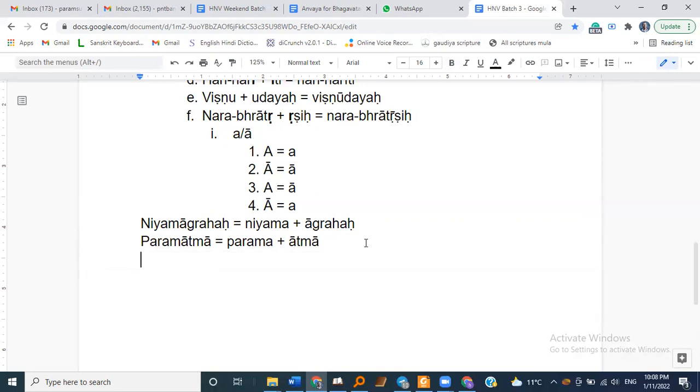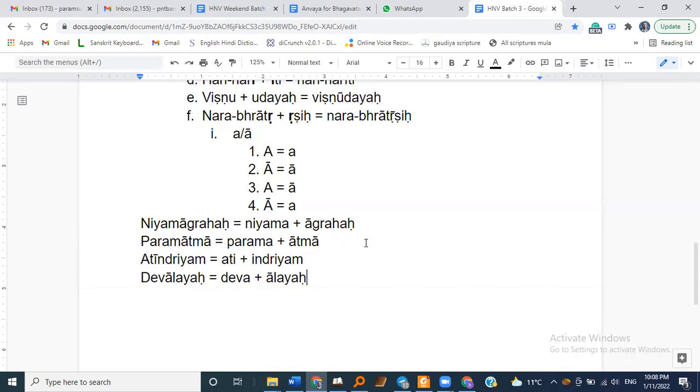Atindriyam, okay, which is Ati Yukta Indriyam. Devalaya, right? Deva and Alaya. Deva Yukta Alaya. It's quite simple.